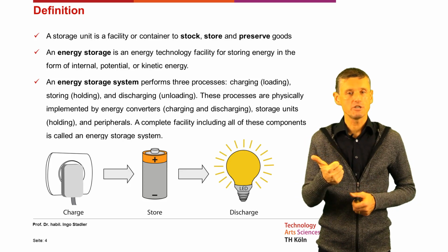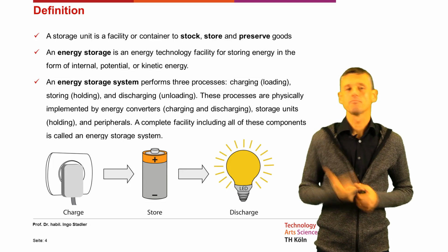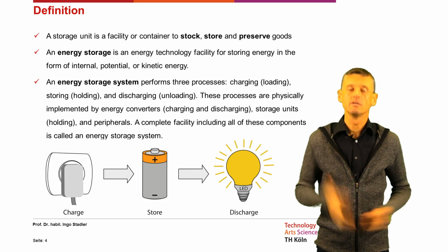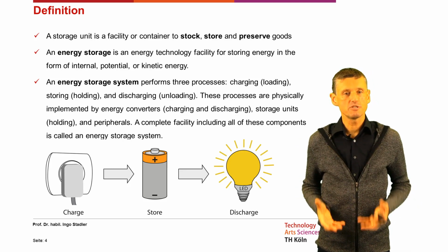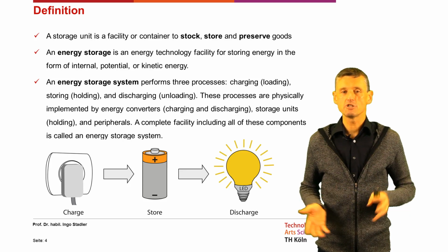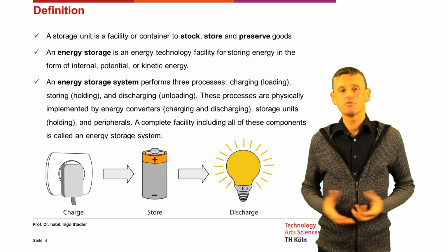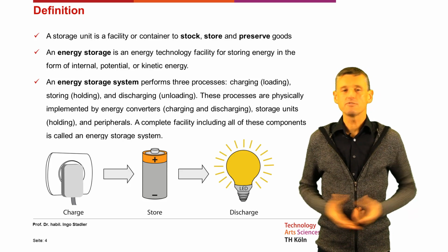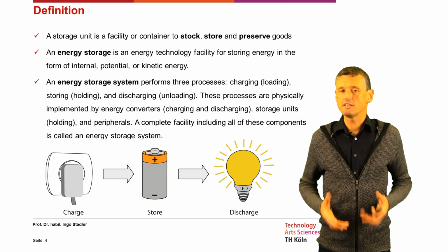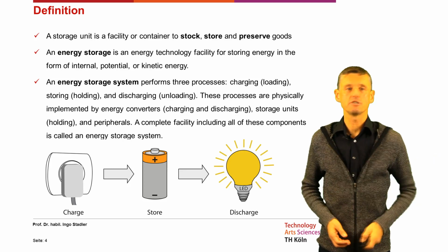First, charging or loading, then storing or holding, and third, discharging or unloading. These processes are physically implemented by energy converters for charging and discharging, storage units for holding, and peripherals. A complete facility including all three components is called an energy storage system. Charge, store, discharge.